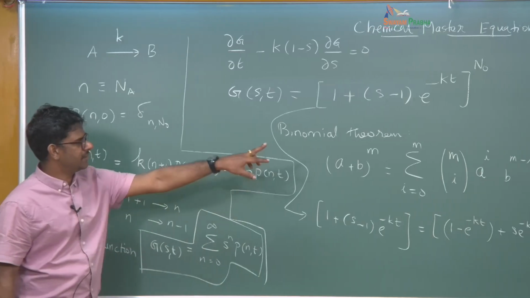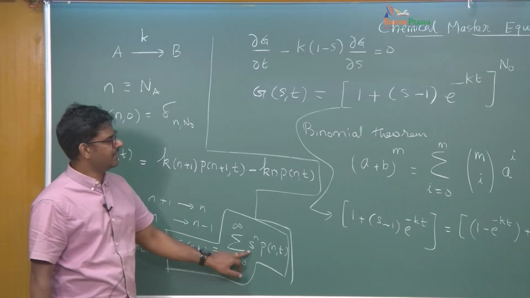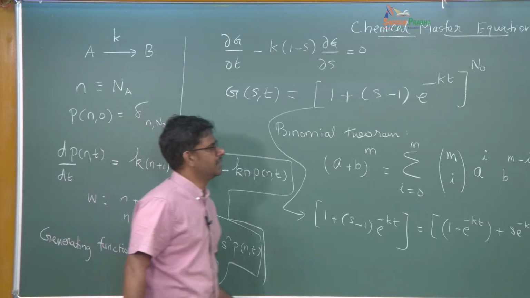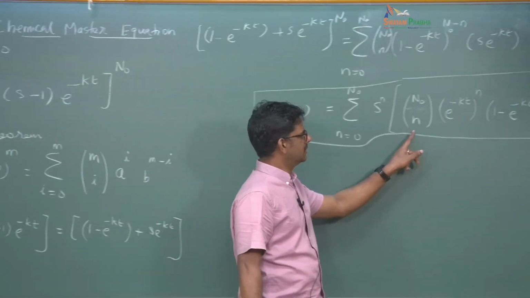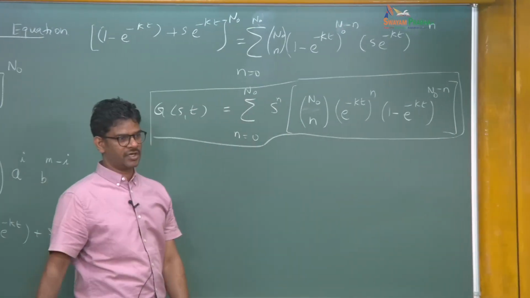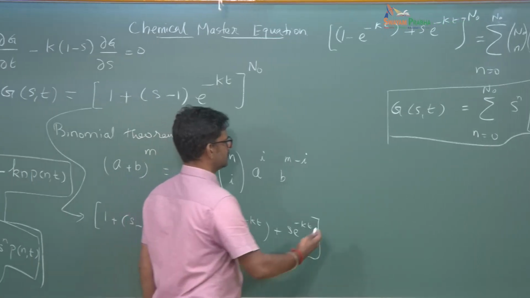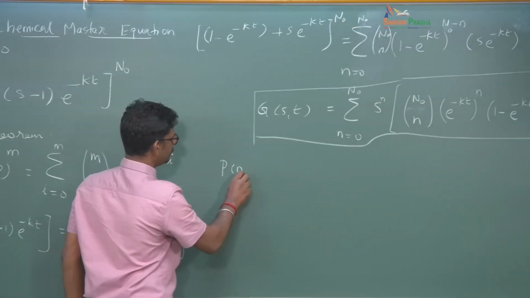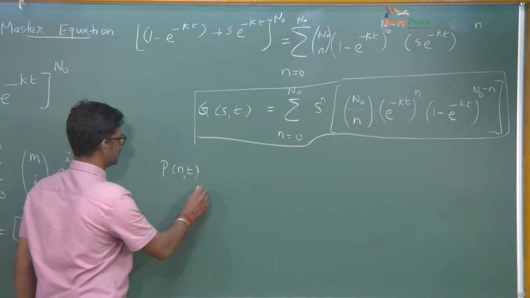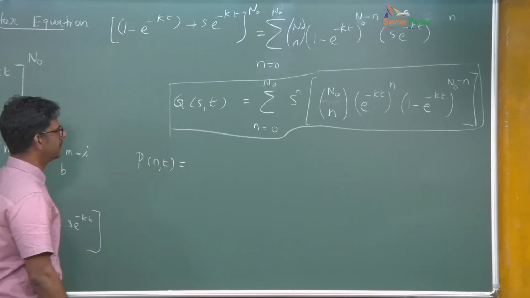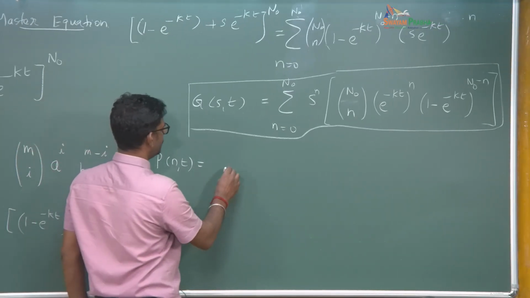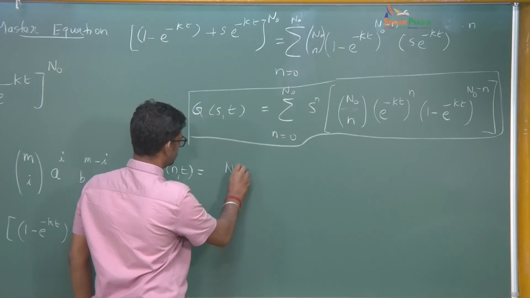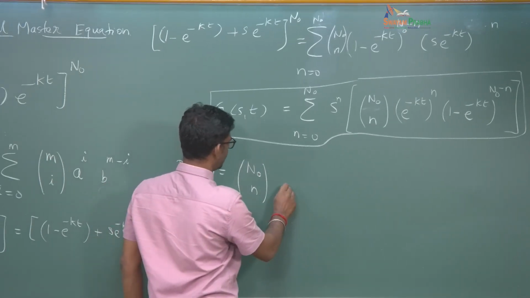So we deal with that initial term. Then you have s power n, and whatever is remaining here, that entire thing is nothing but p of n comma t. So by matching the coefficients of s power n, we say that p of n comma t is basically a binomial random variable.